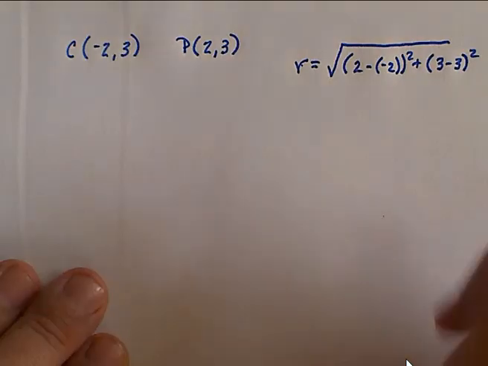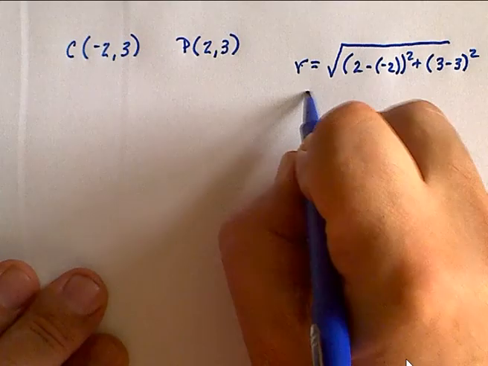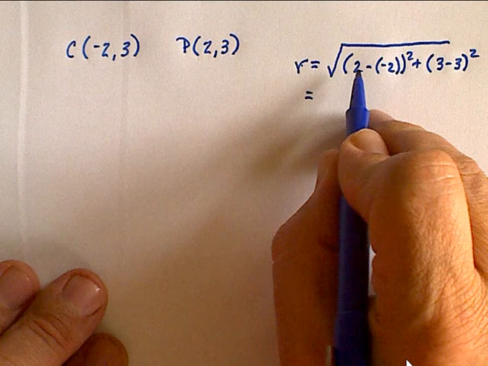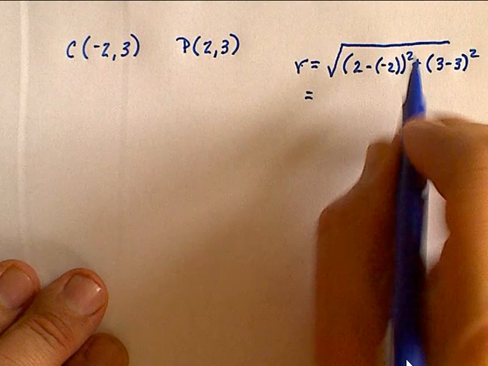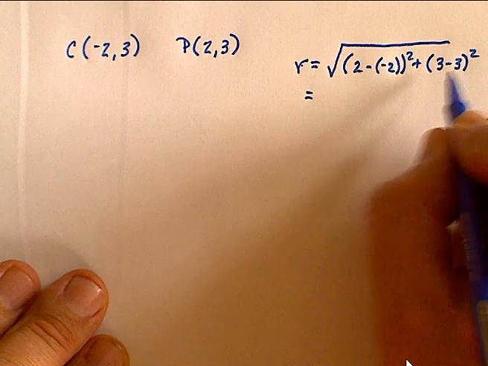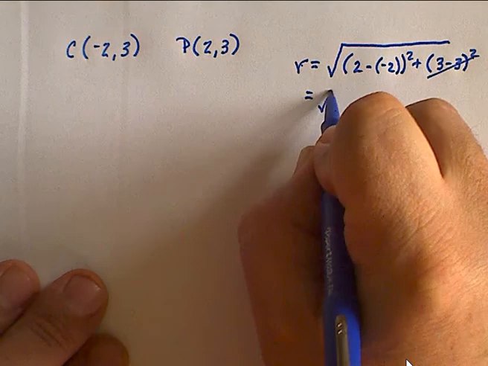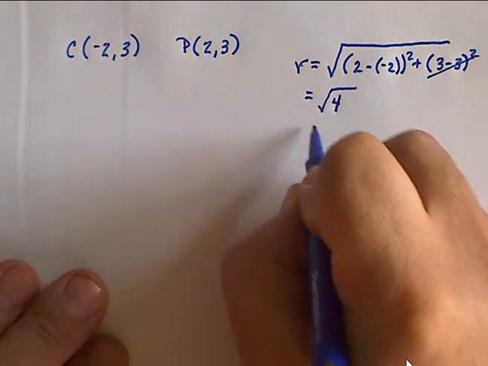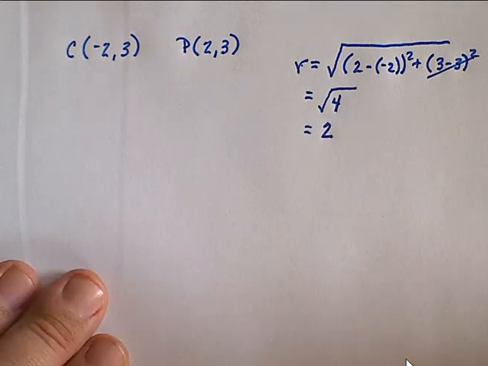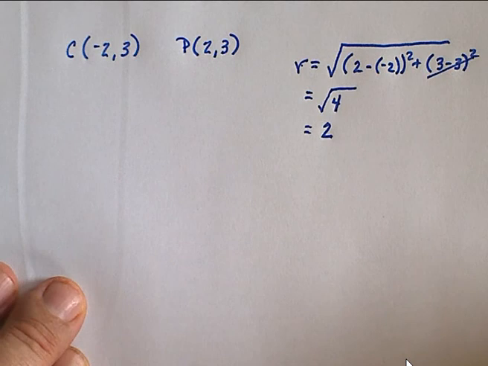Okay, so when I simplify that, this becomes 2 plus 2, which is 4, squared, which is 16. This simply cancels out because it comes to 0. So r equals the square root of 4, which is 2. Using the distance formula, I found that the radius is equal to 2.